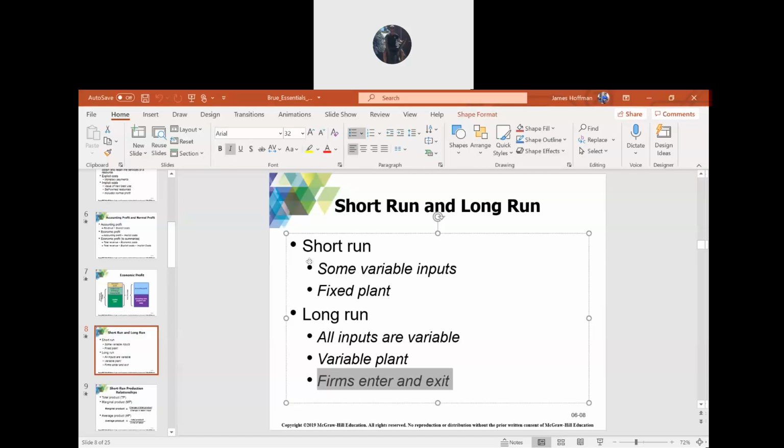Okay, so that's the distinction. And again, think of it as industry specific, not a period of time. So long run isn't like a year or 6 months. It's how quickly firms can enter and exit, and how quickly firms can make changes to plants. So that's the distinction.